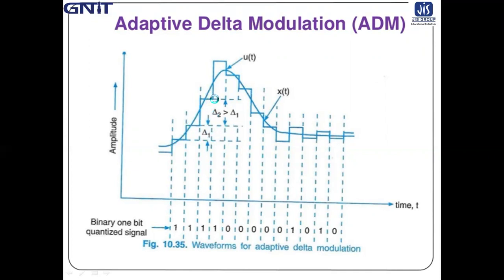Again here the slope is higher, so in this part the step size, say delta 3, is higher than delta 2. So the step size is variable according to the slope of the input signal. This process is called adaptive delta modulation.